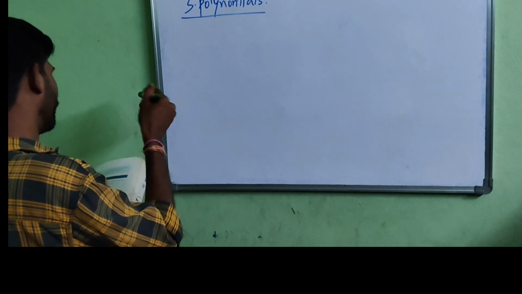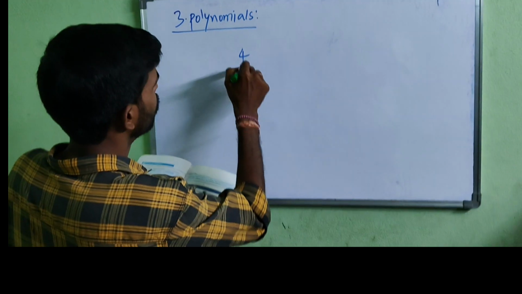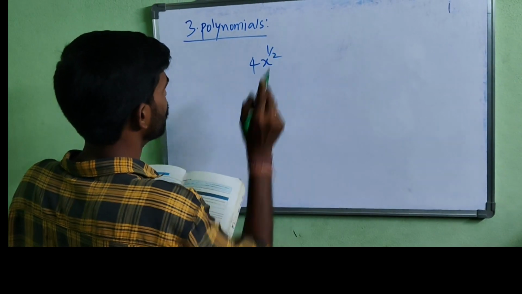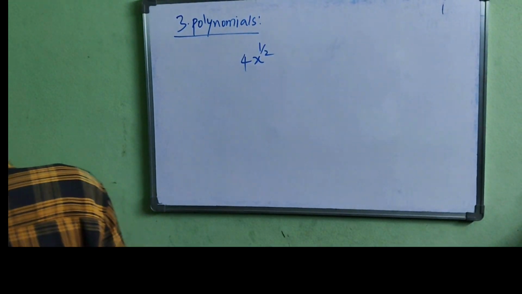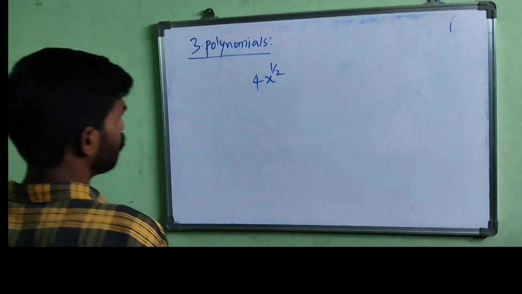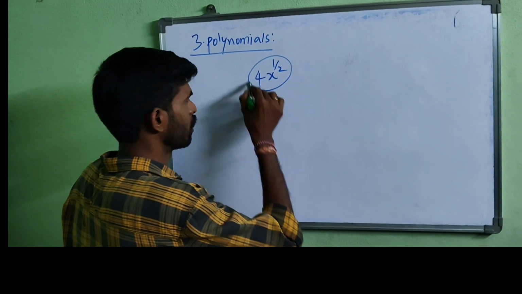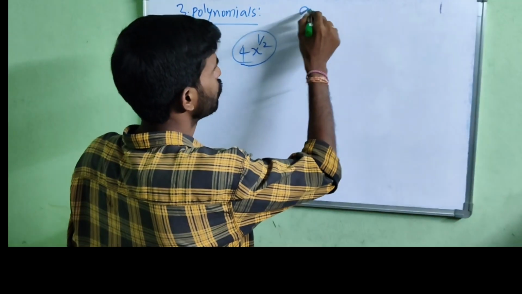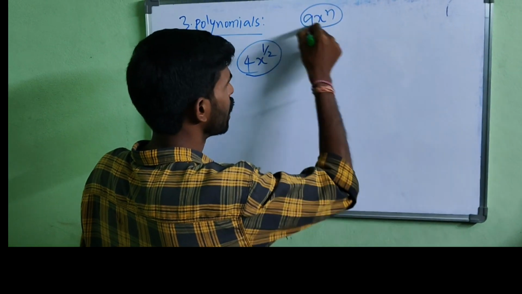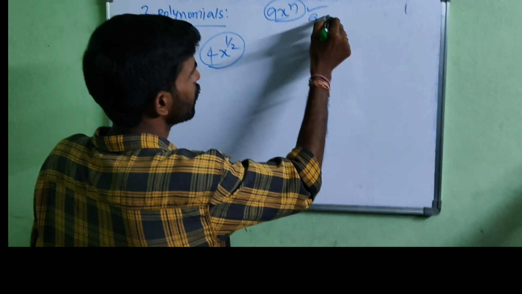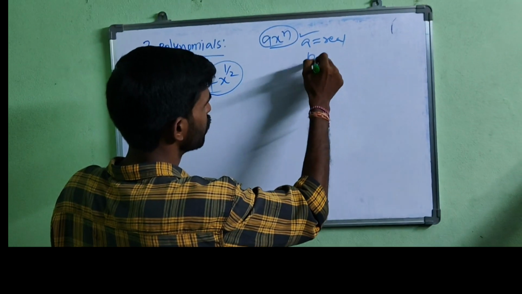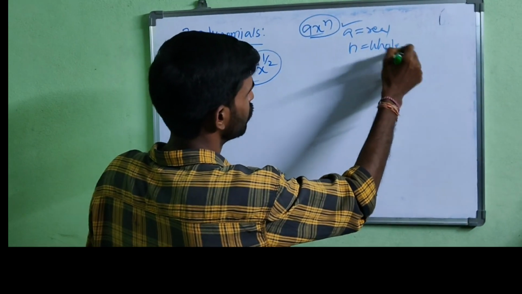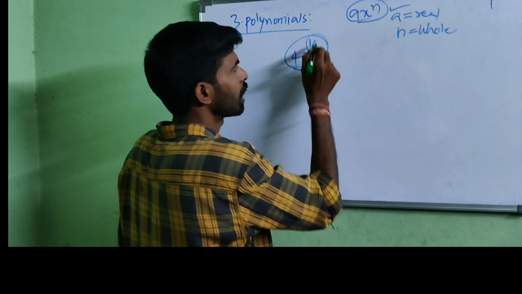For example, 4 into x power 1 by 2 is there. This is a polynomial or not, we need to justify. What is a polynomial? A polynomial is an algebraic expression in the form of a into x power n, where a must be a real number and n must be a whole number. x power n is there.